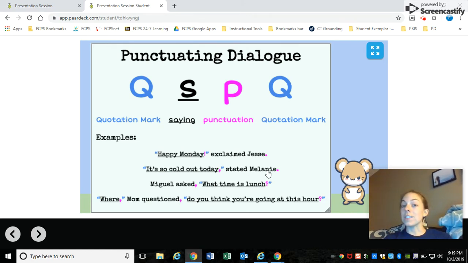And we know that periods come at the end of the sentence. So if this part is still part of the sentence, then the period goes here, and this is going to be a comma. And then around our saying and punctuation, we're going to have our quotation marks: quotation marks at the beginning of the saying and quotation marks after the punctuation at the end.